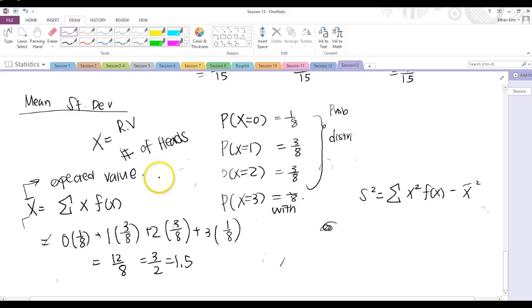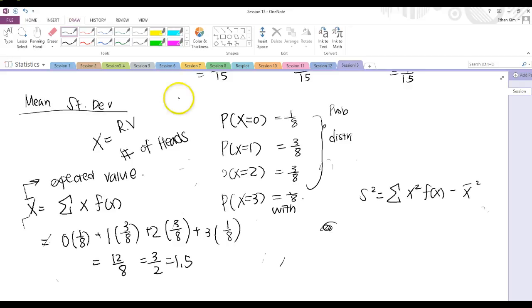However, thinking about the probability, on average, the expected value for this function, or the mean, is 1.5. So that's how we define this.